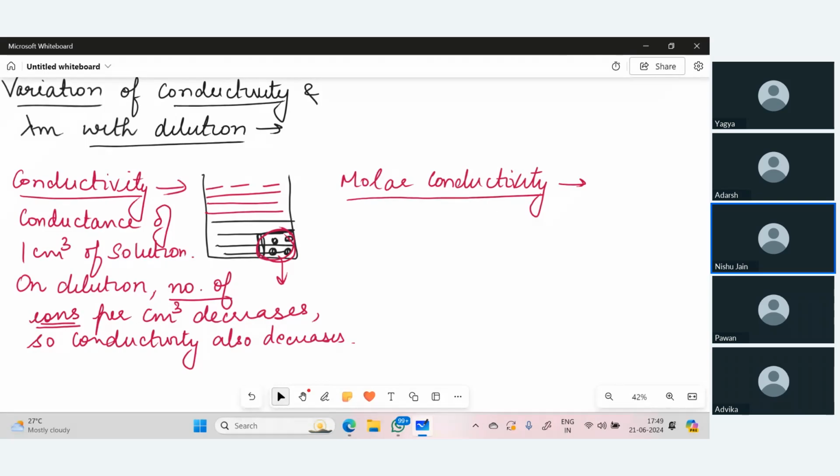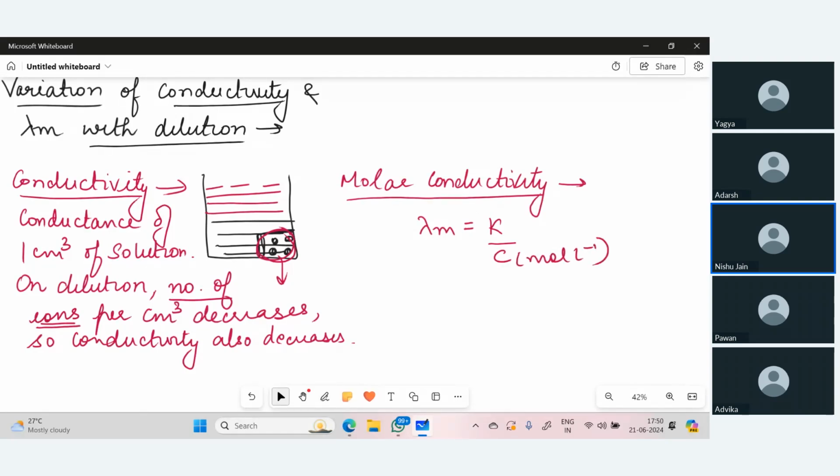Now, how does molar conductivity vary with dilution? What is the formula for molar conductivity? It's kappa into 1000 divided by molarity, kappa by C into 1000. Here, the 1000 is just a conversion factor. We are not doing numericals now, so I will just say it is kappa by C. C is moles per liter.